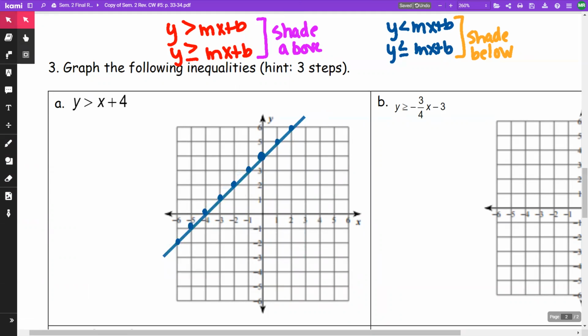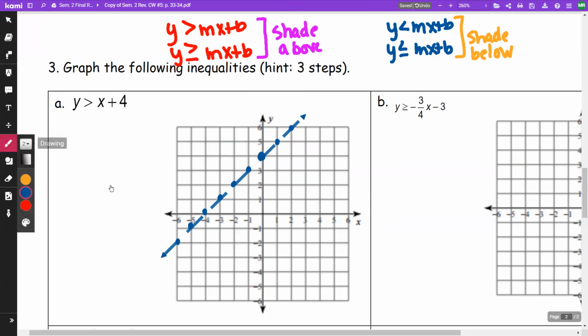It is going to be dashed. So I'm going to make it dashed. I don't know why it's not letting me do that with that. I'll do it with this. Okay. So it is going to be dashed.